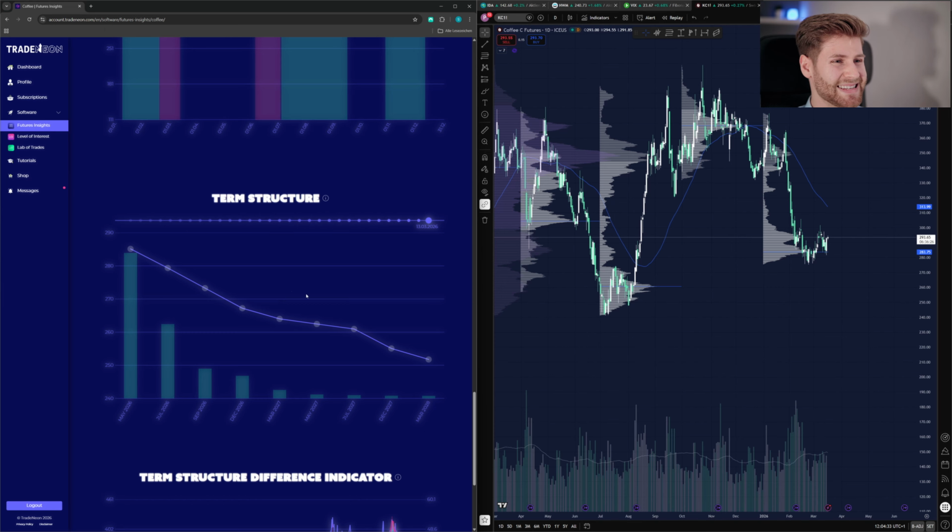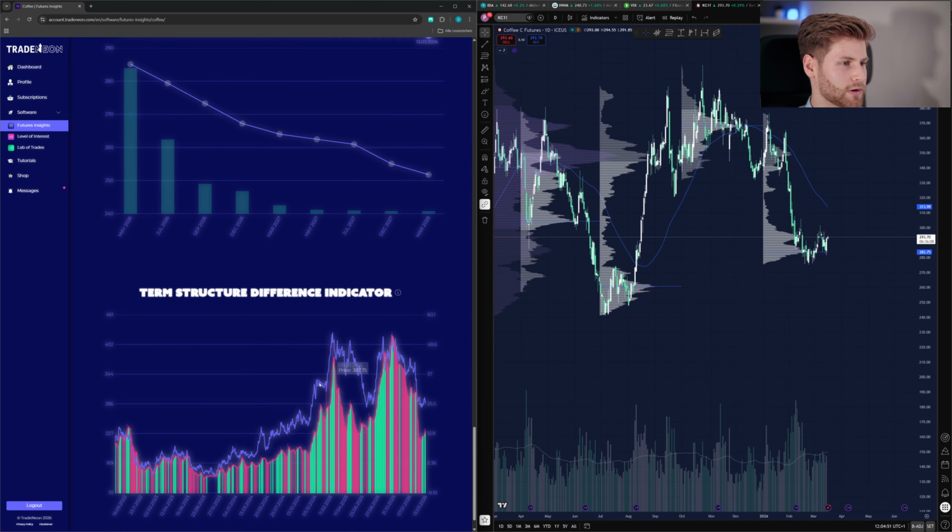So this is indicative of supply shortages. And in this case, the market participants are willing to pay more in order to get the underlying good as soon as possible.